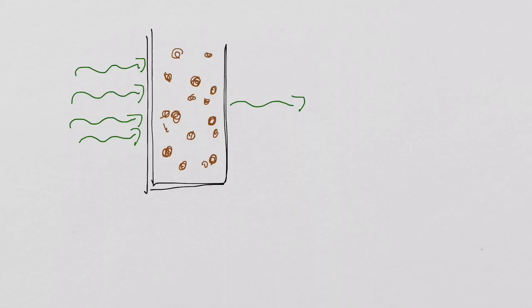So basically, what happens is, if we look at what comes out at the back, at the end of the thing, it depends on the concentration of the red dots. What comes out at the back, we call this absorption or absorbance.